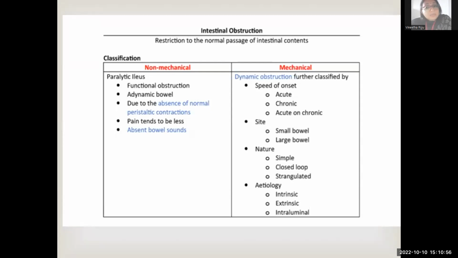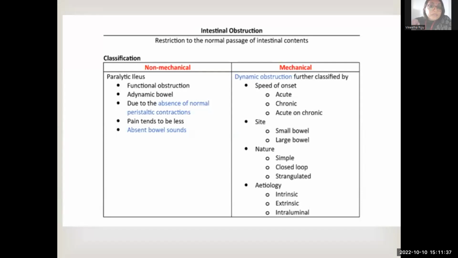Okay. And when it comes to mechanical obstruction, this can be further classified as, is it a sudden obstruction that the patient had, an acute, or is it something which was chronic, which has been going on over the past few days? Or is it in the small bowel? Is it in the large bowel? According to the site, you can classify it. Or according to the nature, is it a simple obstruction? Is it a closed loop obstruction? Or is it a strangulated? If it is a hernia of the loop of the intestine, sometimes it twists around and it gets strangulated.